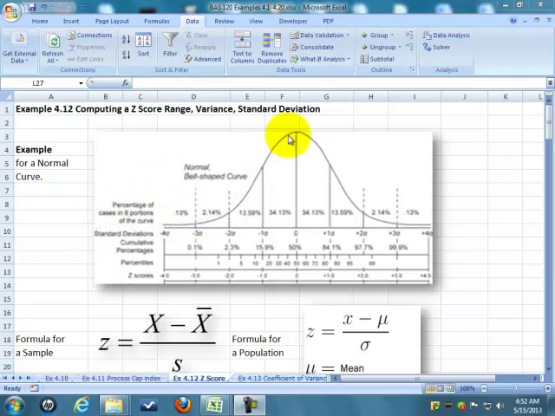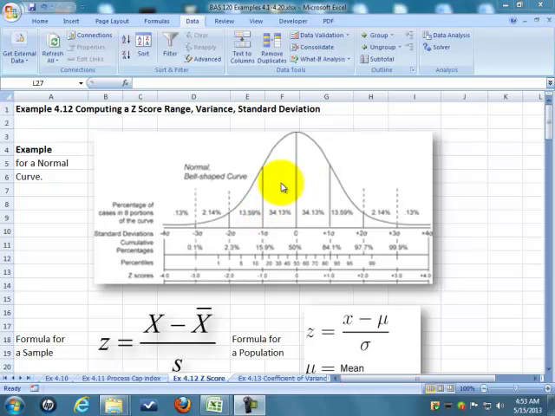So just to get a little understanding, let's take a look at this. We happen to have what's called a normal bell-shaped curve here. Here is what percentage of our data falls within one standard deviation away from the mean. So 34.13% falls from 0 to 1 standard deviation, another 34% from 0 to -1 standard deviation.